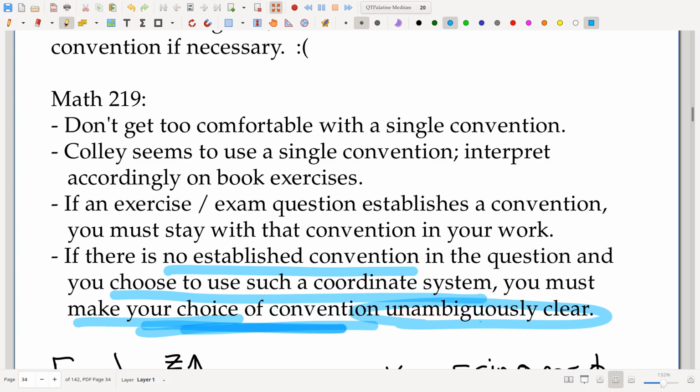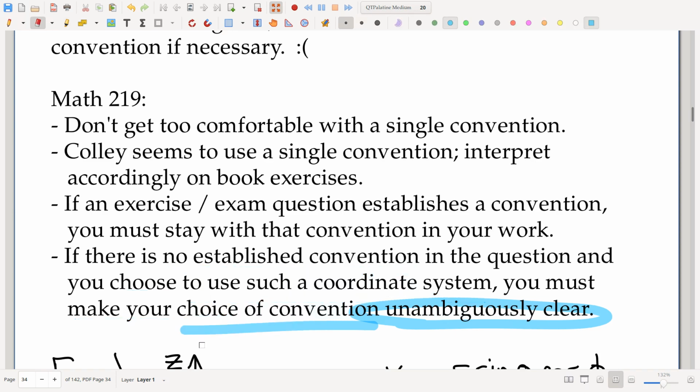Just make sure it's clear and stick with it. You can't switch conventions halfway through your solution, and you can't never get around to saying which one you meant, with the expectation that we'll assume you were doing it the right way. Again, you have to demonstrate what you're doing. You have to be unambiguous about what you're doing.